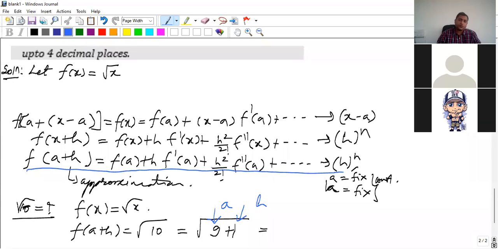And once we get to this expression, we have to put a is equal to 9 and h is equal to 1 to get the approximate value of this root 10. That a plus h will be 10, so a will be 9 and h will be 1, and so we are able to get the approximate value. Whenever we want to find any approximate value, we have to use this expression. This is the Taylor series formula that we have to use to find the approximation.